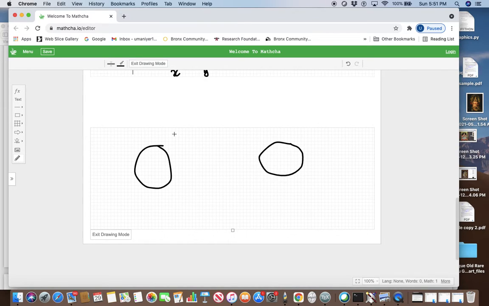So suppose you have two sets A and B. B has two elements, A has three elements. Pretend you have a function f which takes all the elements here.